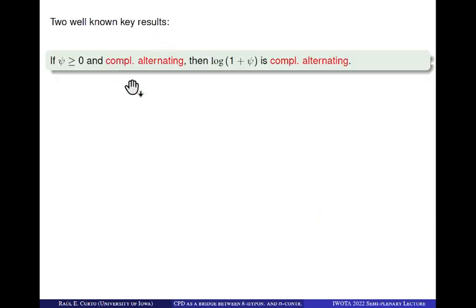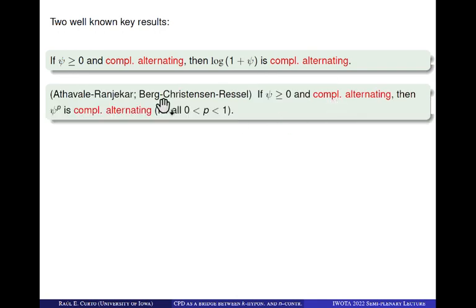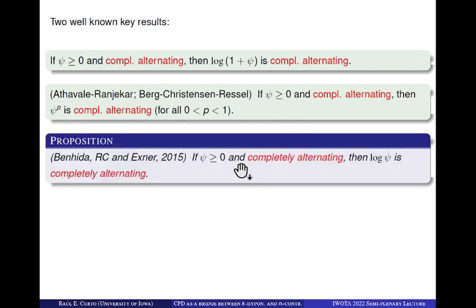So here are two well-known key results. If psi is bigger than or equal to 0 and completely alternating, then the log of 1 plus psi is completely alternating. Tavaré and Ranjikar and Berg, Christensen, and Ressel prove that if psi is bigger than or equal to 0 and completely alternating, then psi to the p is completely alternating for all p between 0 and 1.